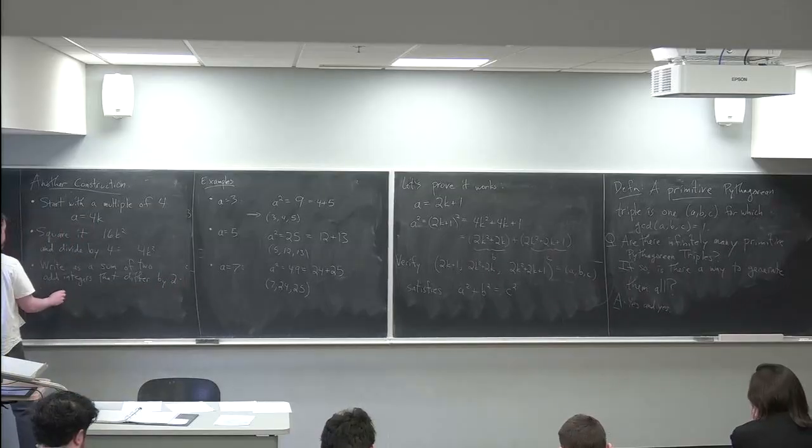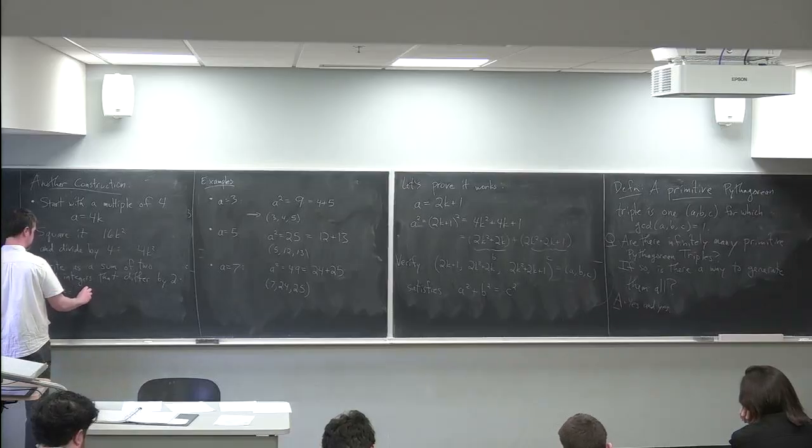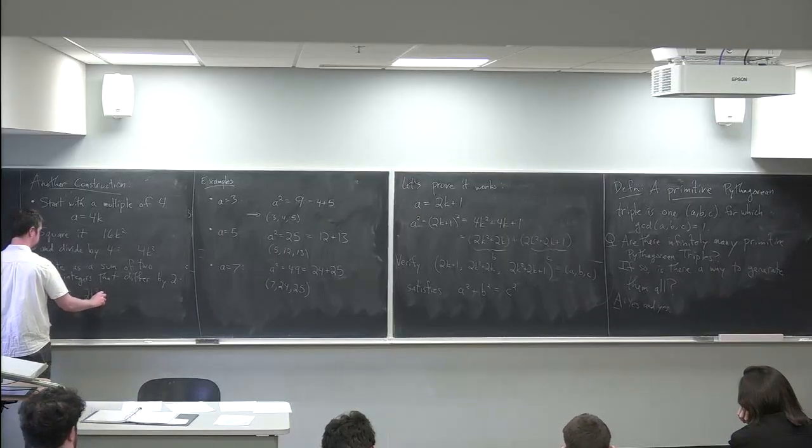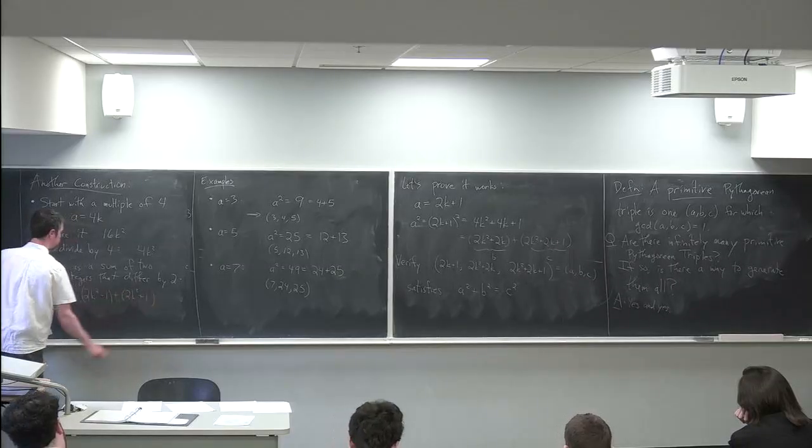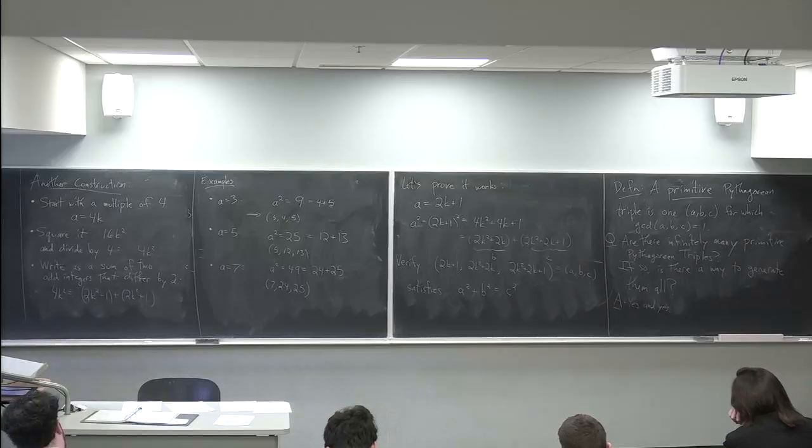So we want to write this 4k squared number basically as 2k squared minus 1 plus 2k squared plus 1. Right, that adds up to 4k squared.